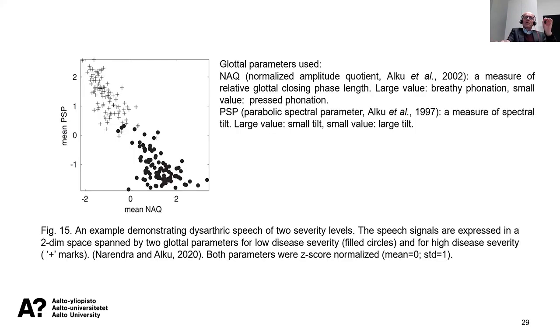I would like to give you one example of one of our studies where we were developing these black boxes, and in parallel we also showed how two simple glottal parameters, developed by myself a long time ago, were able to very nicely distinguish two classes of patients. In this case, these crosses are dysarthric patients with severe diseases, and the black dots are patients with mild diseases.